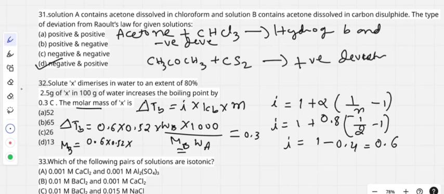Wb is 2.5 gram, 2.5 gram into 1000 divided by delta Tb is 0.3 multiplied by Wa here 100. So if you solve all this, you get the answer. Mb is equal to 26. So option C is correct.